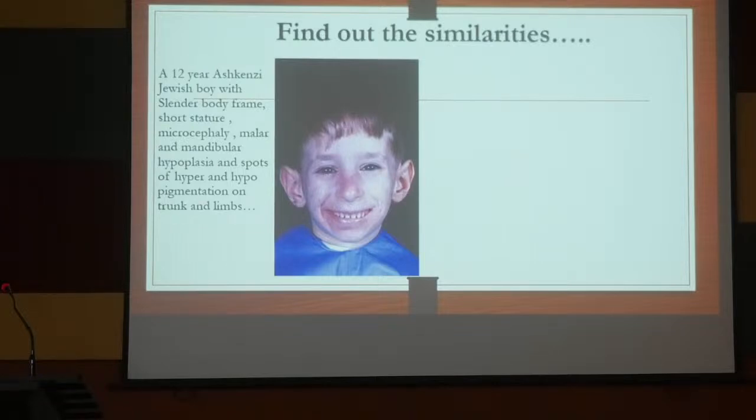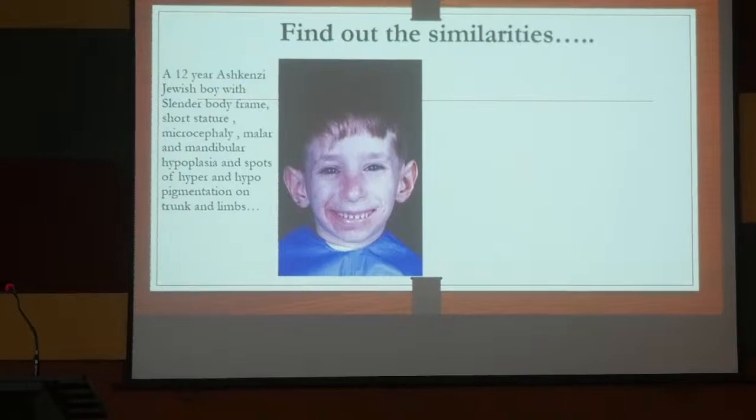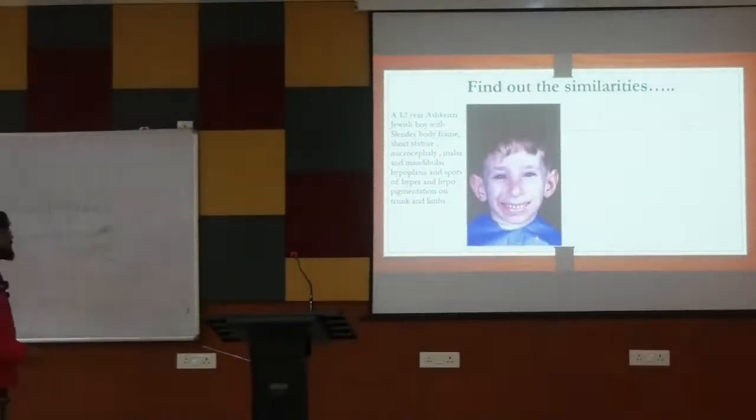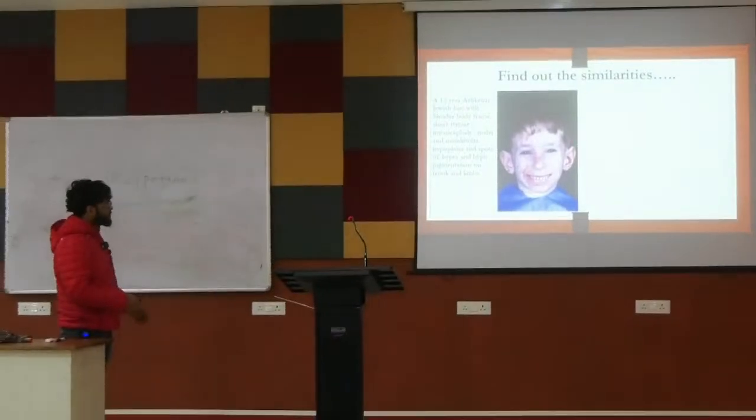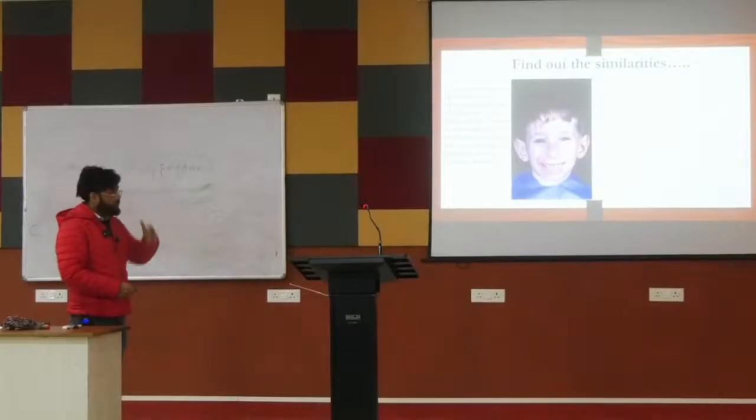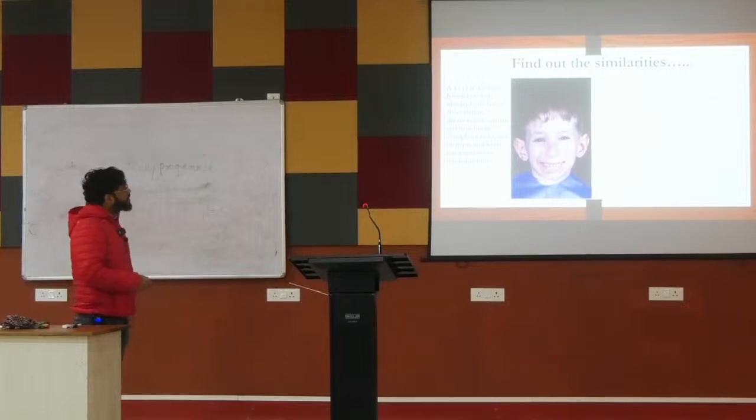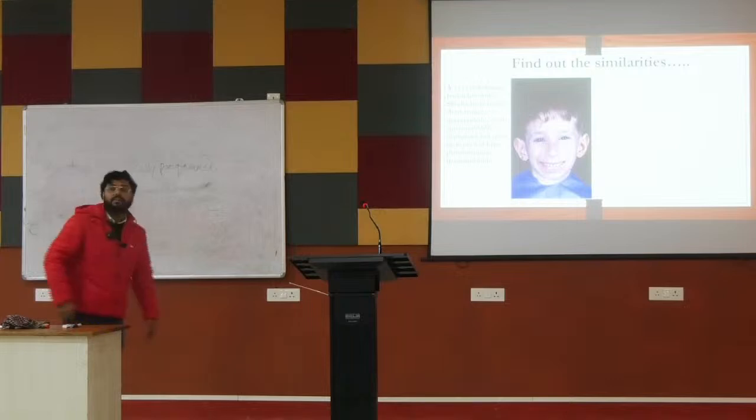Okay, there you go. What we are seeing, they have a very slender, short stature, microcephaly, the head size is small, malar and mandibular hypoplasia, the mandible is not normal size, it's hypoplastic, and there is scattered hypopigmentation on the face and also the lips.